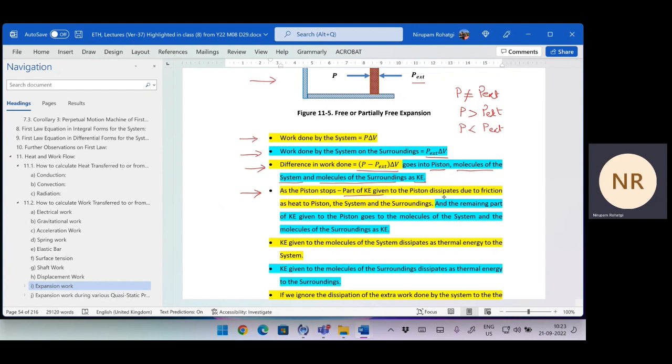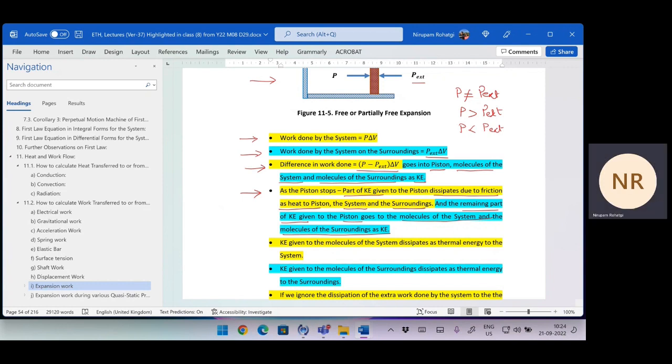That kinetic energy dissipates due to friction as heat in the piston. Now the piston is getting heated up. Now that heat again finally goes to the system and surroundings, right? And the remaining part of the kinetic energy of the piston goes into the molecules of the system and the molecules of the surrounding. So this is what is happening.